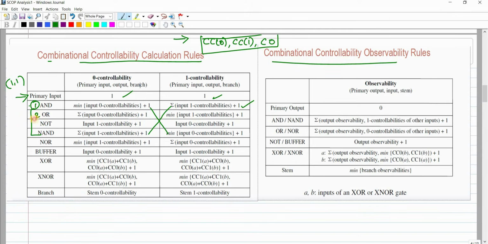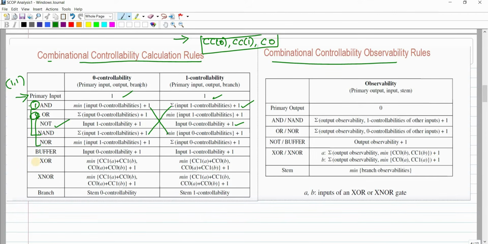If you remember the OR gate, the NOR gate is just the opposite. For the NOT gate, 0 controllability is input 1 controllability plus 1. For 1 controllability, it is input 0 controllability plus 1. So it is just the opposite for the NOT gate.